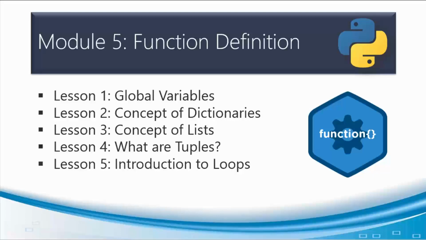Lesson 4 is tuples. These are very similar to lists. In fact, they are kind of lists. The only difference is that you cannot change a tuple unless you change it back to a list and then create a tuple again. I'll explain later, once we get into these lessons, the purpose and why we use these.